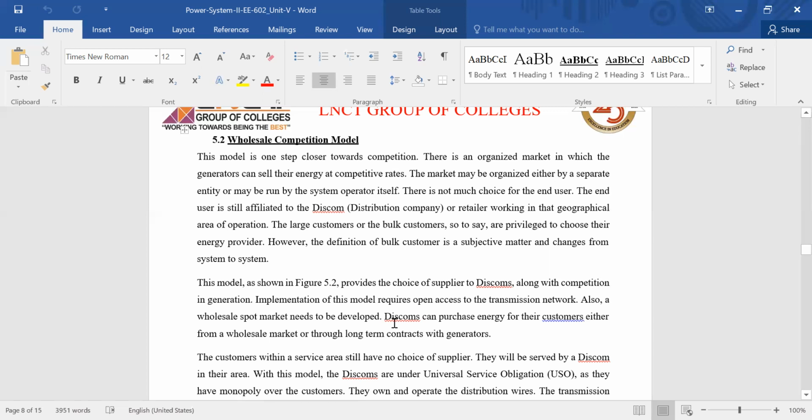Here in this figure, Discoms are the distribution companies. Along with competition, implementation of this model requires open access to the transmission network, and a wholesale spot market needs to develop. Distribution companies purchase for their customers either from the wholesale market or through long-term contracts with generators.